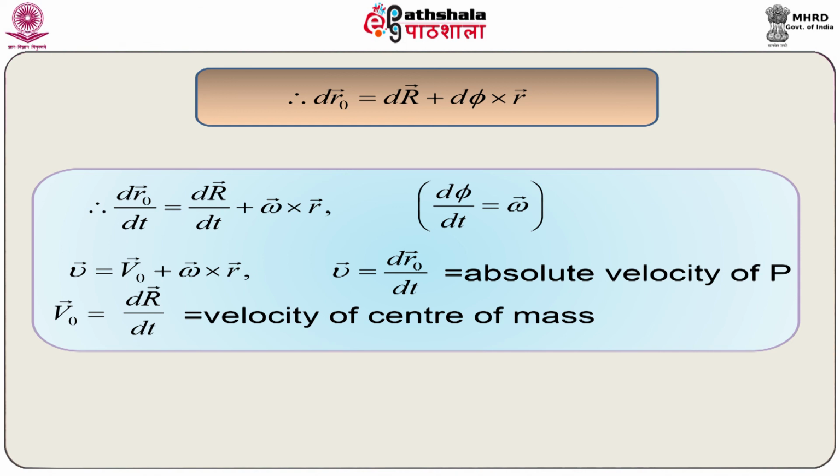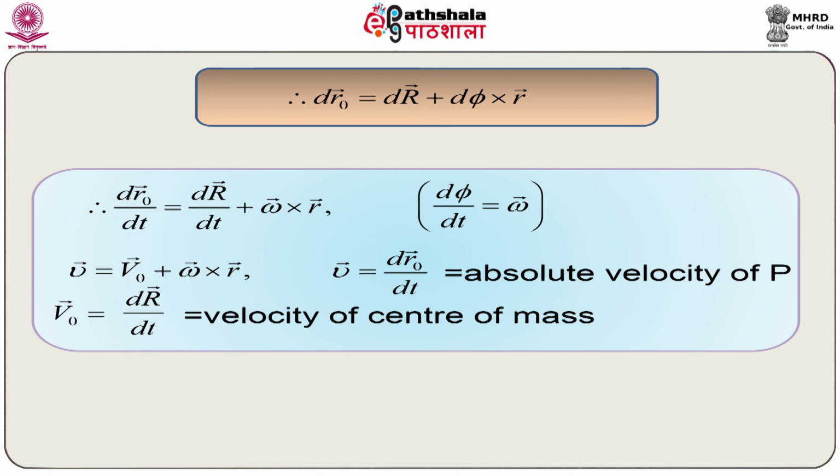From this we get this one, and omega is d dt of phi. If we denote this term as small v vector, this term as capital V vector suffix O, we get this result.